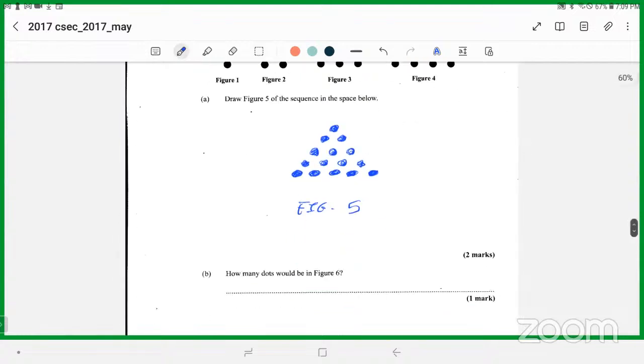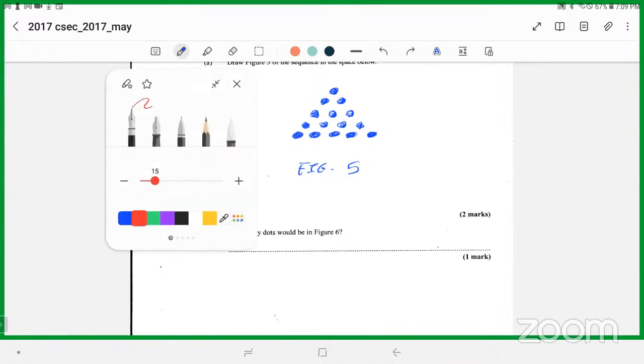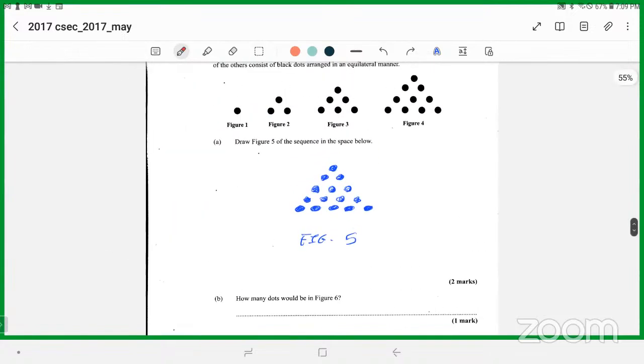Next question says, how many dots in figure number 6? How many dots do we have here? We have 5, 4, 3, 2, 1. And for the next figure, you have to add 6 more dots on the bottom of it to get figure number 6. So this is how we can calculate on the exam paper and write this in: 5, so 4, so 3, so 2, so 1 so far.